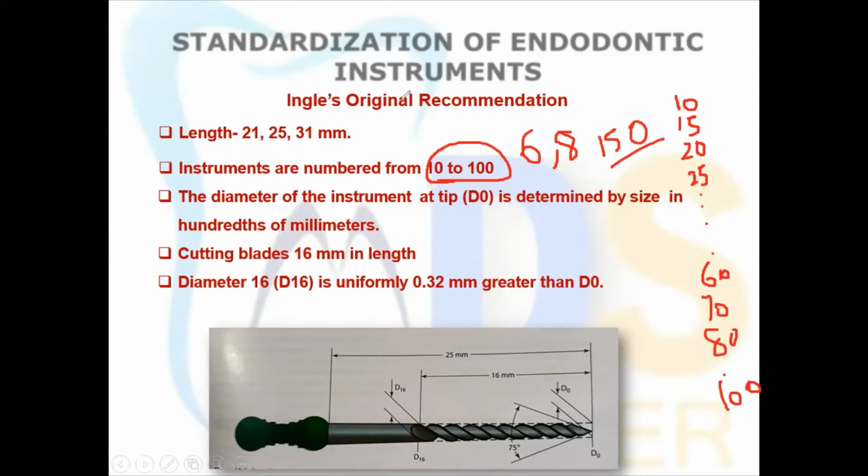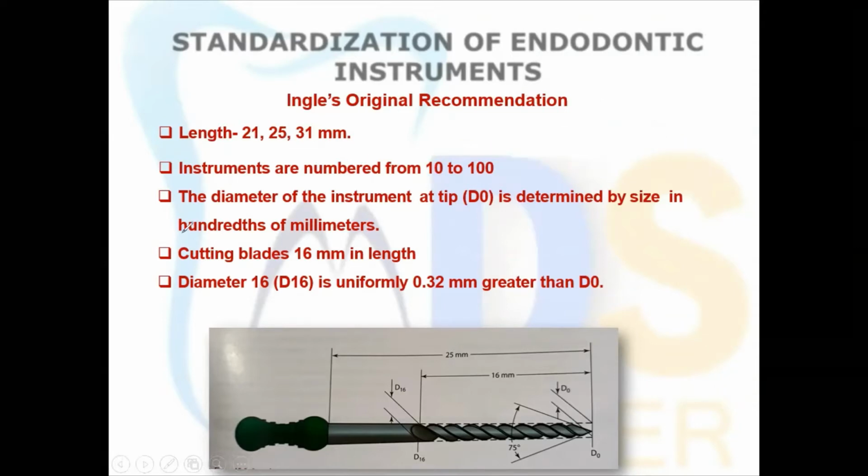And next, the third important point is that each number of the instrument should represent the diameter of the instrument at the tip, means at the D0, in hundredths of millimeters. To simplify it, let's take an example of a 10 number file.